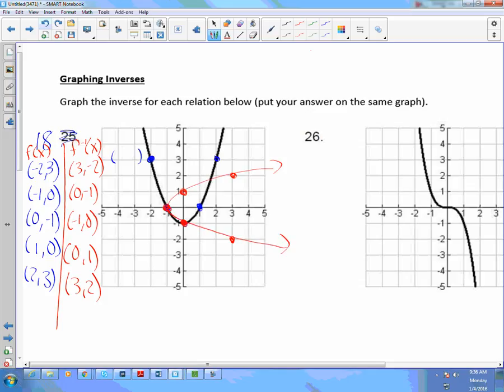Sideways. Okay. Also, it's no longer a function. Remember the vertical line test? It fails. No longer a function because it fails the vertical line test. Okay, so that's how you do it graphically. Make a list of all the points you can see, and then switch them, and graph it on the same graph given. Does that make sense?